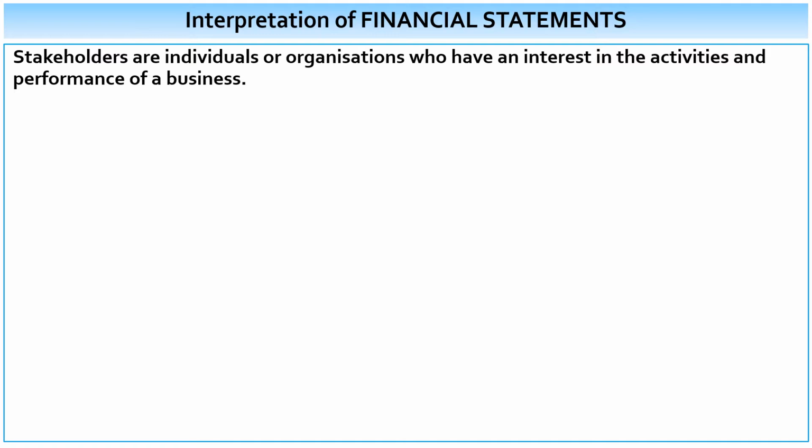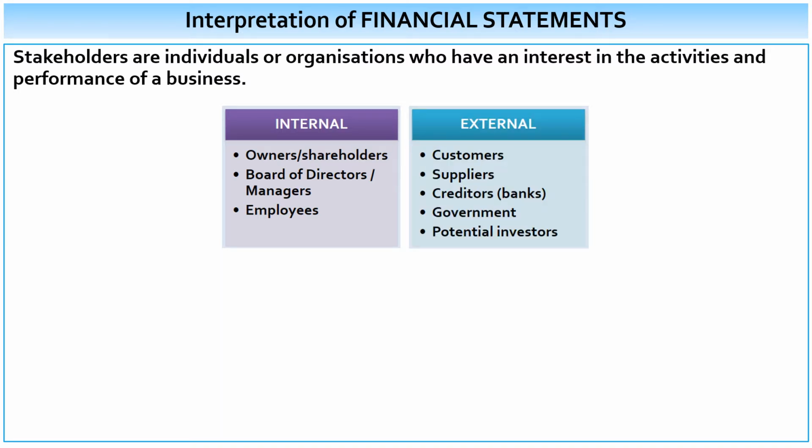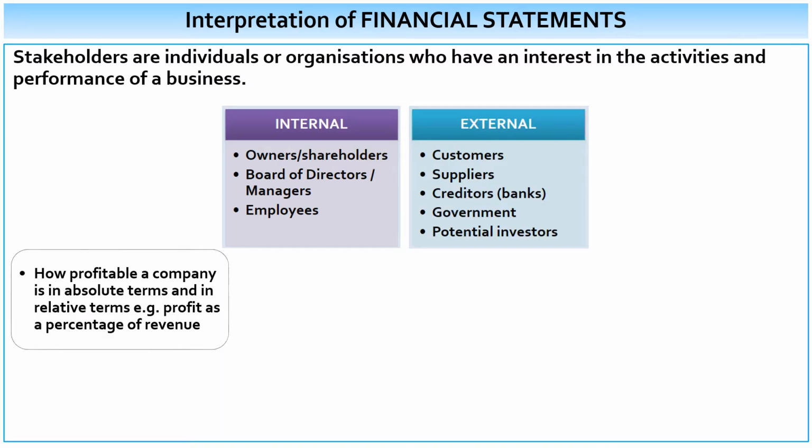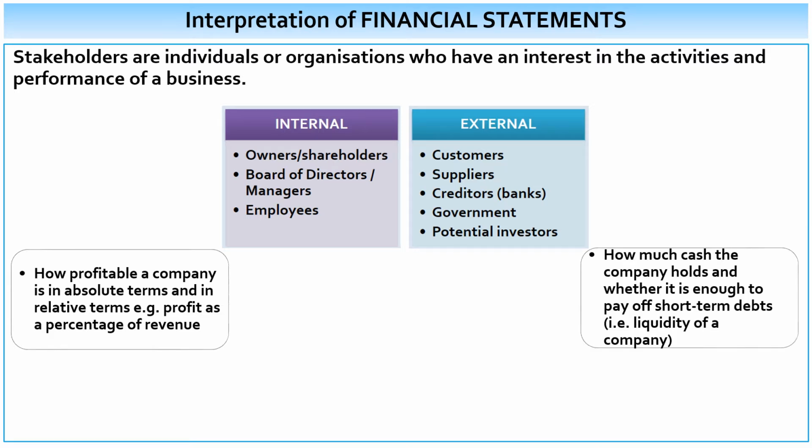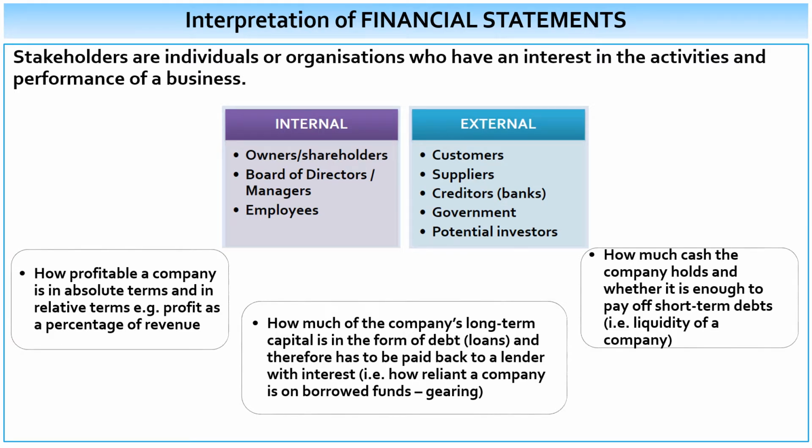Now, stakeholders may find the statement of financial position of use to them. And a stakeholder is any individual or organization who has an interest or are affected by the activities or the performance of the business. We have internal and external stakeholders, and they'll be interested in how profitable the company is, how much cash the company holds, how much of the company's long-term capital is in the form of debt and has to be paid back to a lender, and how much is from shareholders.